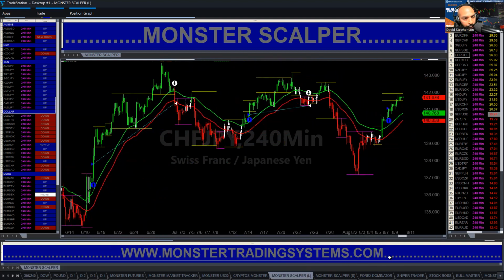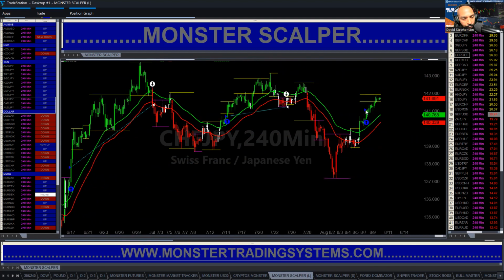Markdown phase. Markup phase, we bought here, sellers came in, and we got out here. Look what happened to the price. And now we have a buy signal right here, going up again.